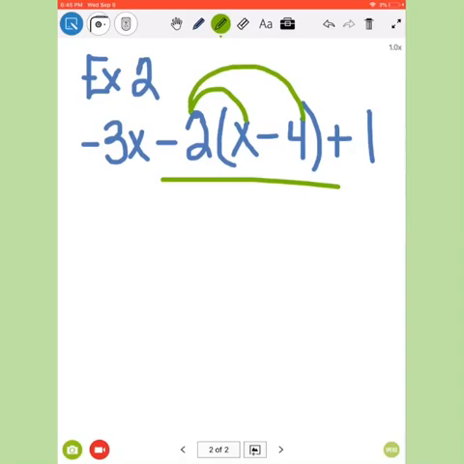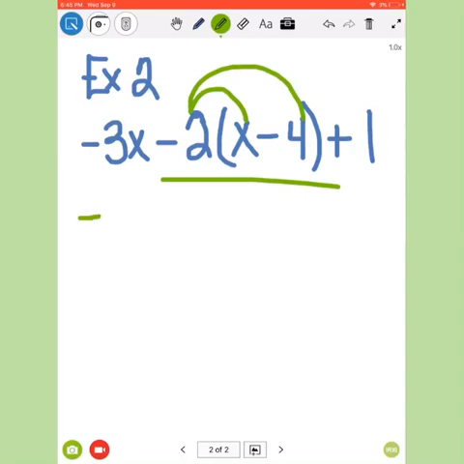Now when I distribute that 2, the minus in front of it is what causes people trouble. They forget to attach the negative to the 2, and sometimes they even forget to distribute this negative 2 to both terms inside the parentheses. Okay, so we're going to have to distribute that, and then we will combine our like terms.